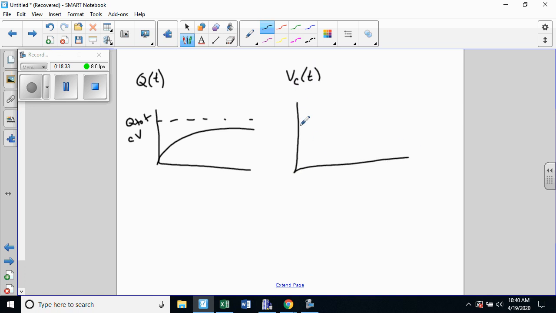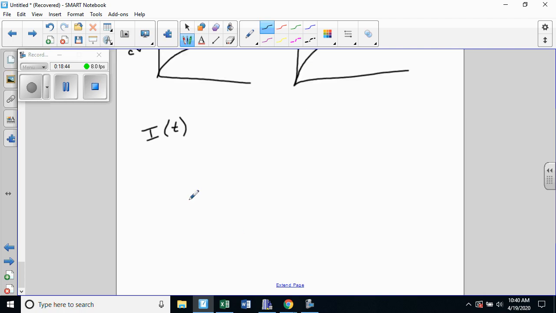It's also an exponential approach, and it's approaching V of the battery. We have current as a function of time. Current was an exponential decay, but it doesn't start at infinity. It starts at a value, and that value is our I max, or V over R.